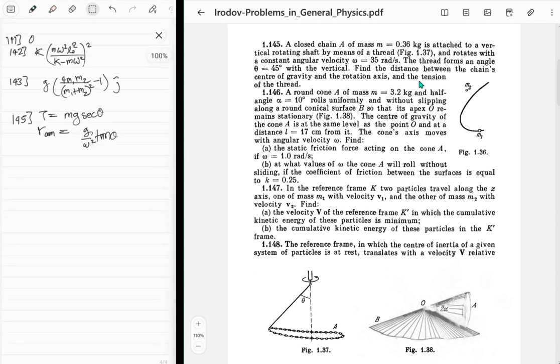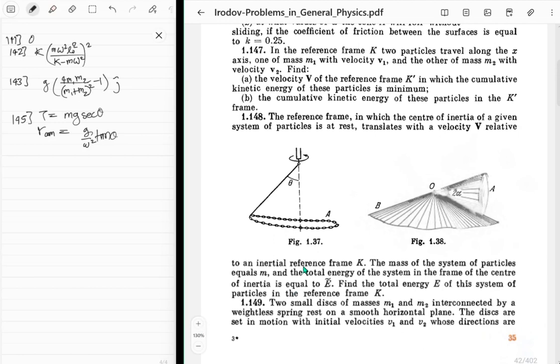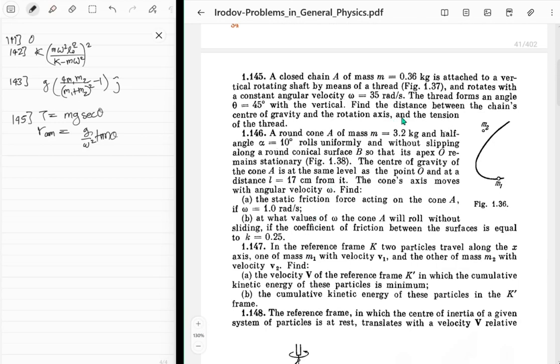Okay, cool. So let's do it. Now I'm going to zoom in. They gave us the values: theta is equal to 45 degrees, so tan theta will just be 1, and g, we don't know, just assume g to be 10. Omega squared is 35 squared basically.